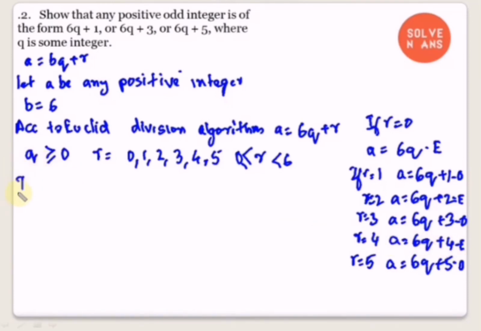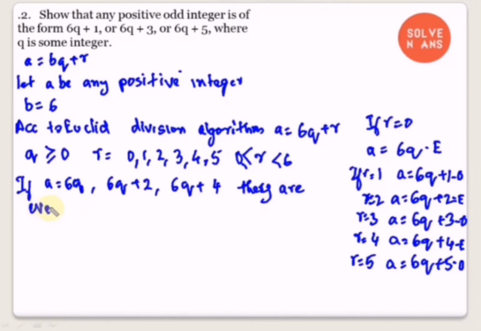So if a is 6q or 6q plus 2 or 6q plus 4, they are even numbers, and all even numbers are divisible by 2. But what about the odd numbers?